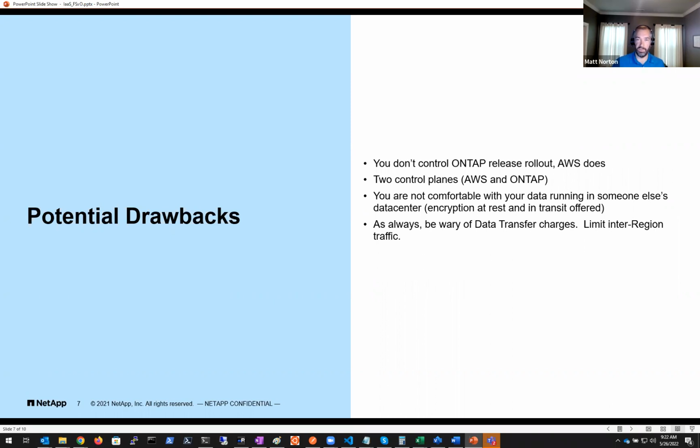So, potential drawbacks. Double-edged sword, right? The first bullet is you don't control the ONTAP release. Amazon does. So that's true, right?